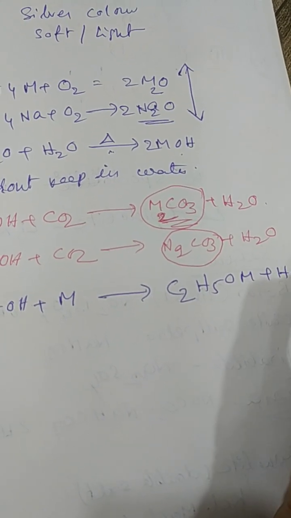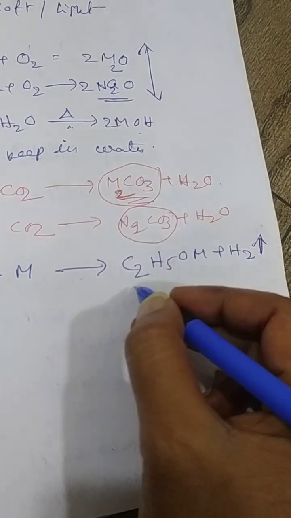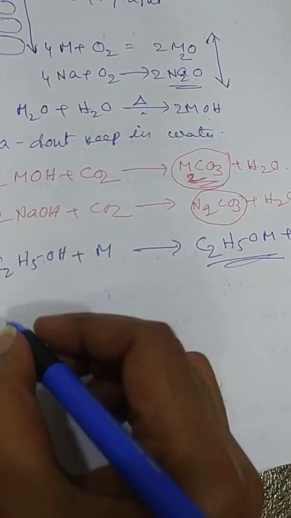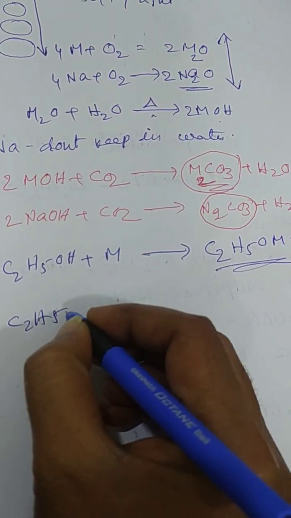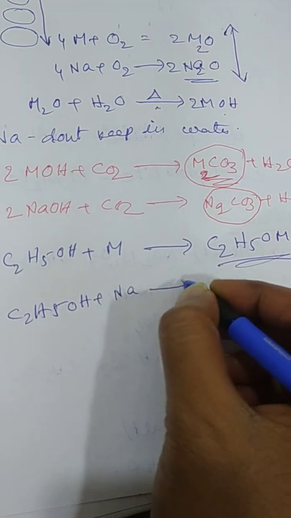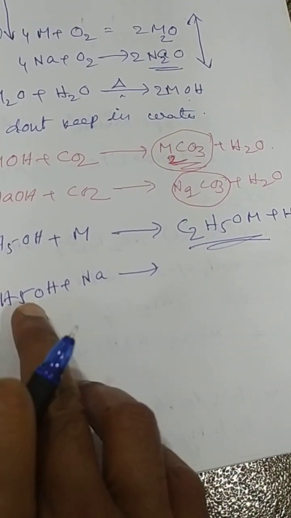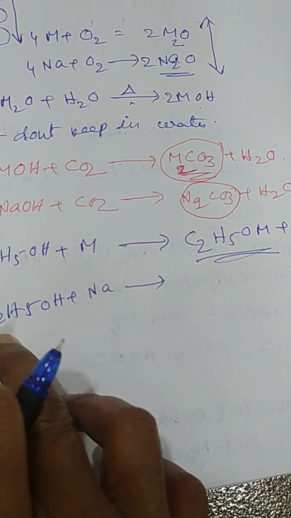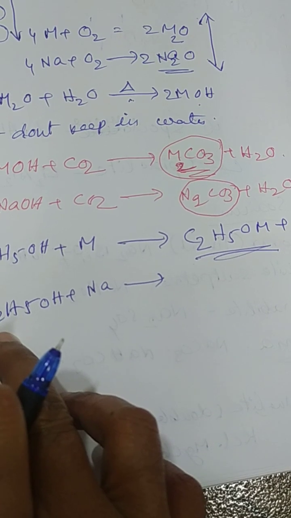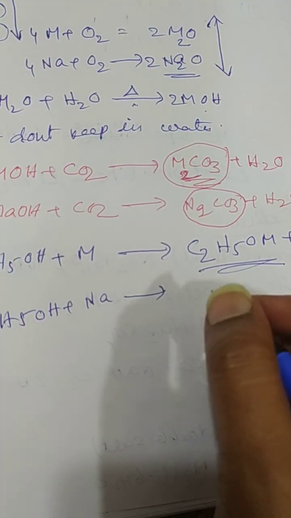This hydrogen molecule will go up. For example, C2H5OH plus sodium gives sodium ethoxide.